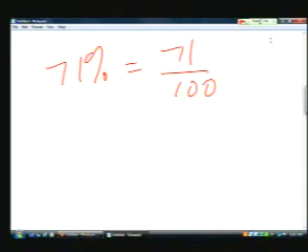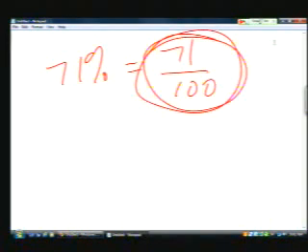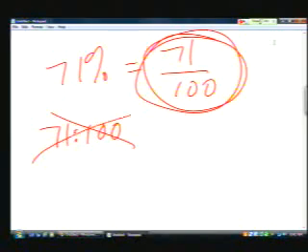Most of the time, I like to write ratios as fractions. Some people like to write ratios as 71 colon 100. I don't like that as well. I like 71 out of 100. So I like that as a ratio, okay?